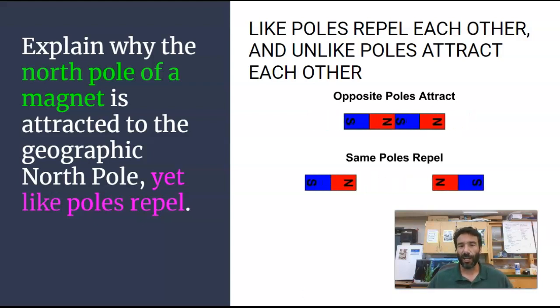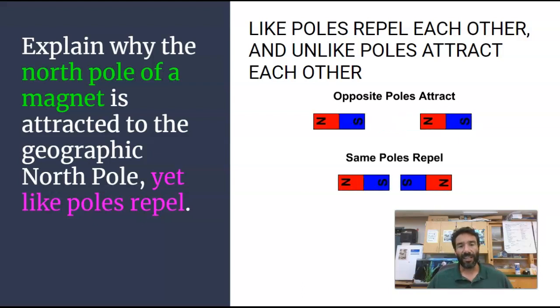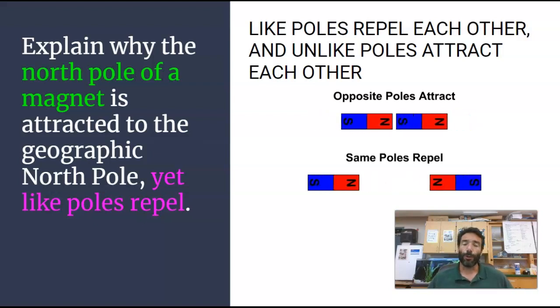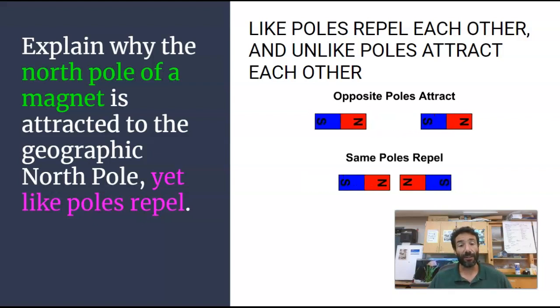This is magnetism we're talking about now. So the main idea we want to take away is that like things repel and opposites attract. So if you have bar magnets with a north and south pole labeled on them, we know that the poles that match each other are going to push away, and poles that are opposite are going to be attracted to each other.